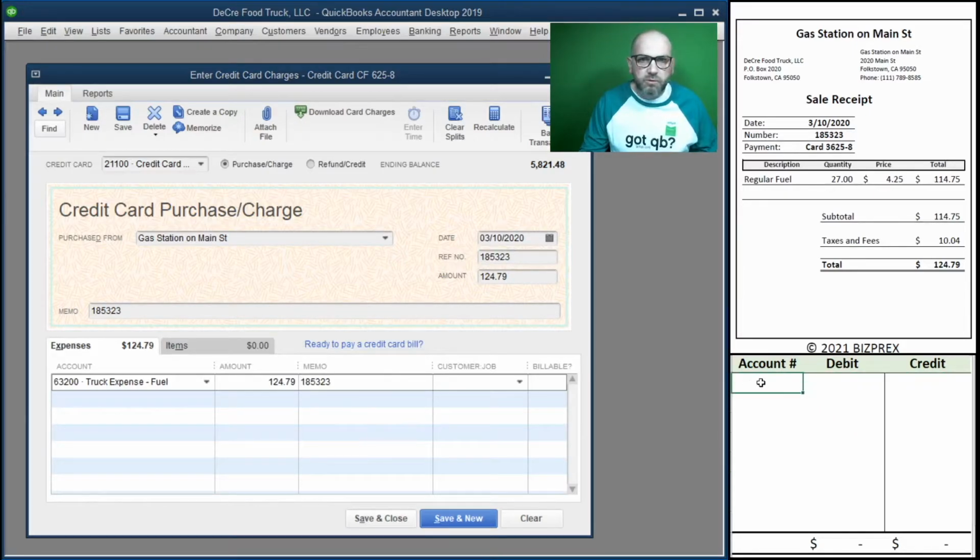Alright, again, let's make sure we understand what's going on behind the interface. We're paying for an expense using credit cards, so our liability account goes up. And our expense account goes up, right? Because we purchased some fuel, that's an expense. Here we are. Debits and credits are in balance.